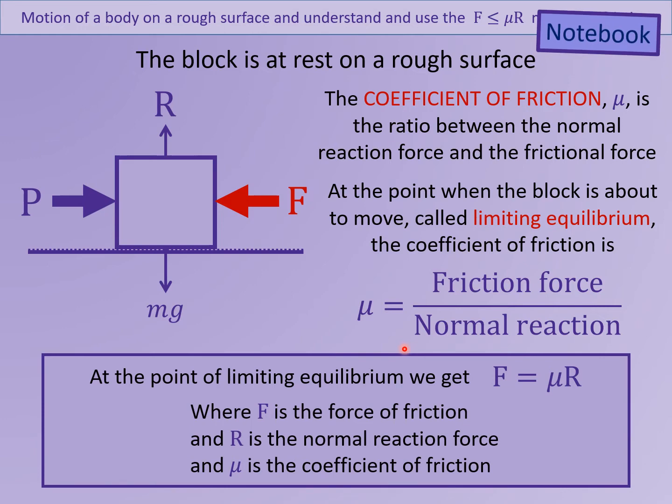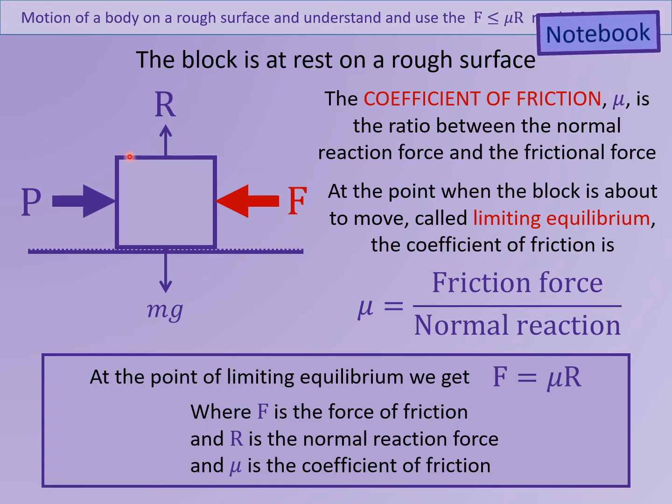Okay, so this is the important box though. At the point of limiting equilibrium, we get that friction equals mu R. So you've got the coefficient of friction, and the coefficient of friction comes from what these two types of materials are. So let's say you're doing something made out of a wax block on a stone surface.